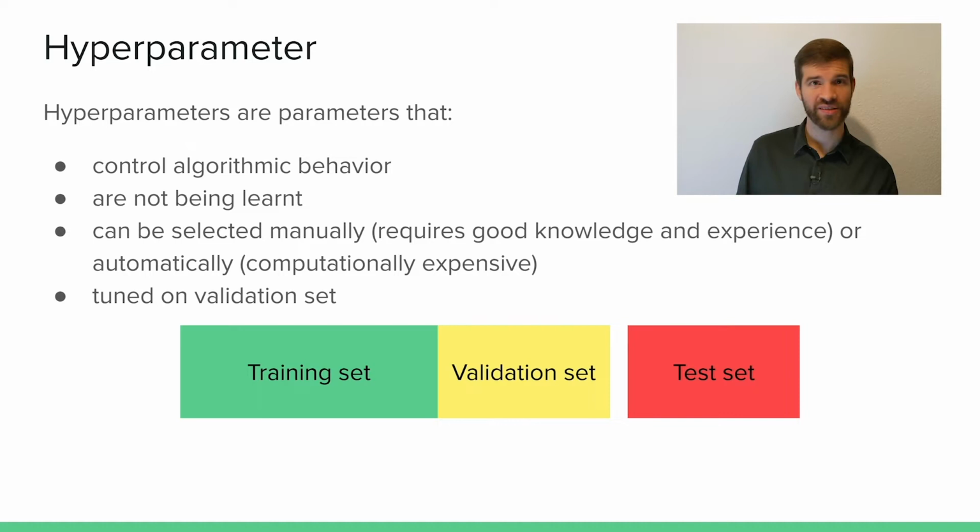We train on the training set and make sure we're performing as well as possible on the validation set. So we change the hyperparameters and do the same thing again and again. And eventually we will have a good set of hyperparameters, and then and only then do we evaluate our network on the test set, data that it has really never seen before and that we have not fine-tuned our network to perform well on.